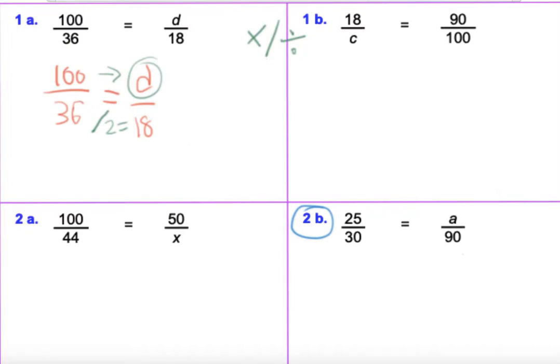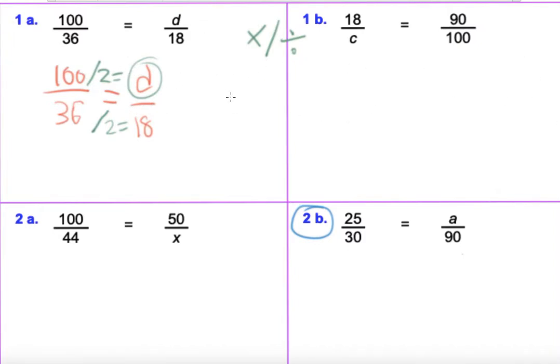Now, here's where things get a bit more challenging. Whatever you do to the denominator, you do to the numerator. Same thing, opposite. If you do something to the denominator, you do it to the numerator, which is what we're going to do here. We've done 36 divided by 2 here, so we're going to do divided by 2 here. 100 divided by 2 is equal to d.